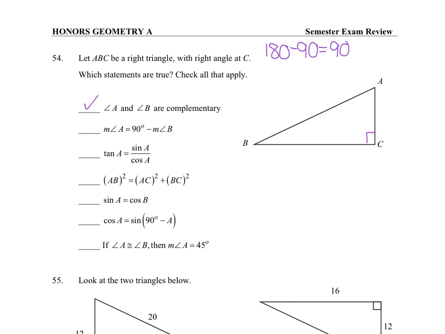Measure of angle A equals 90 degrees minus the measure of angle B. Well, if the measure of angle A plus the measure of angle B adds up to 90 degrees, then the measure of angle A must be 90 minus the measure of angle B. So this one is true as well. Tangent of A equals sine of A over cosine of A. Let's first find out what tangent of A is.